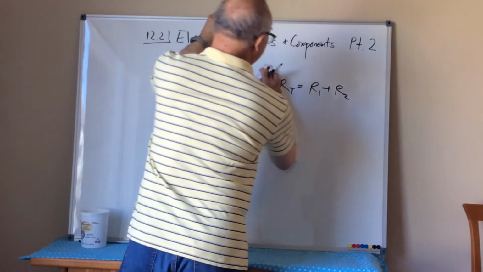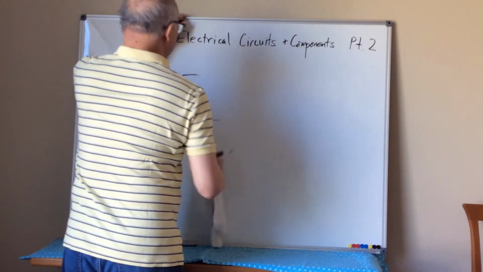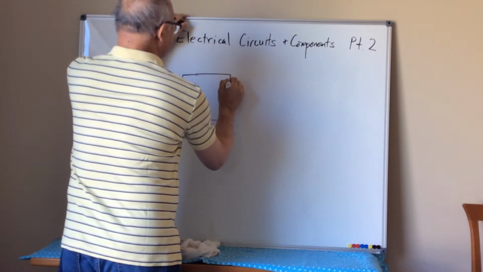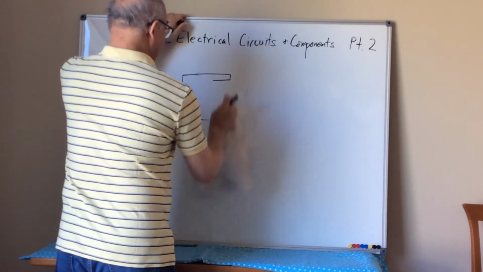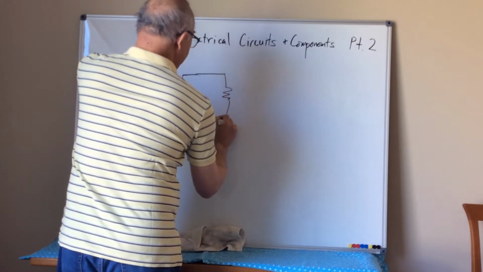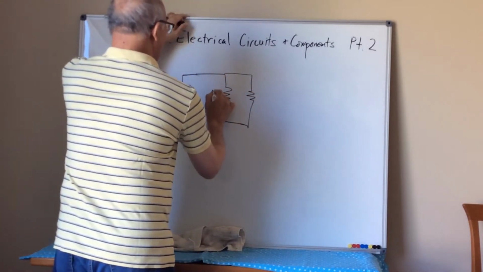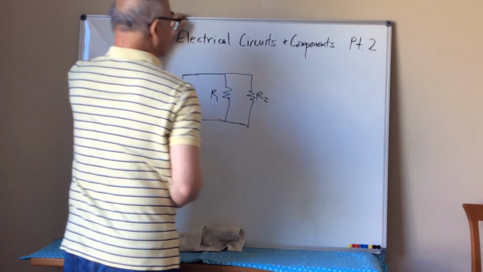When you're in parallel, okay, things are a little different. In parallel, let's say that I had a resistor here and a resistor here. So I had R1 and R2, okay?